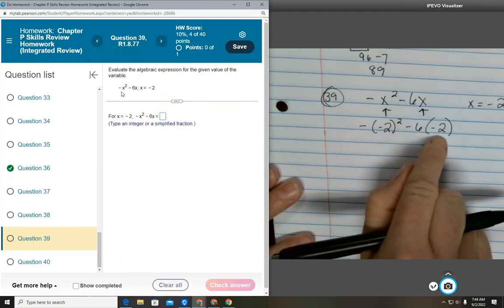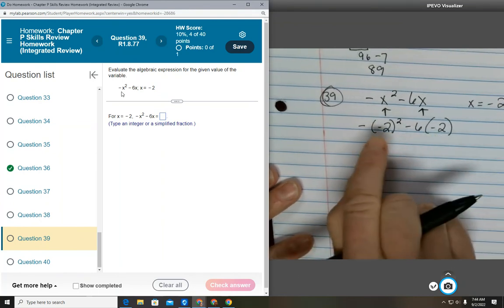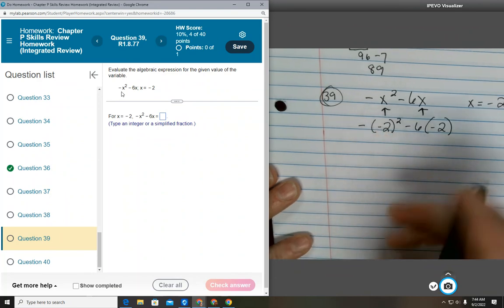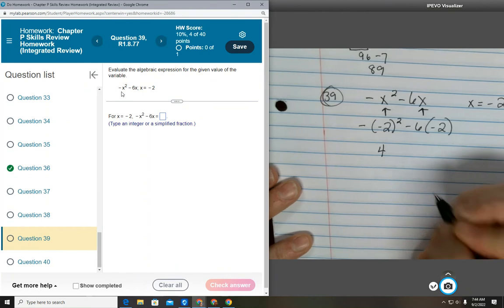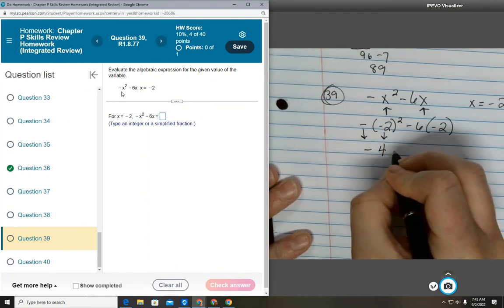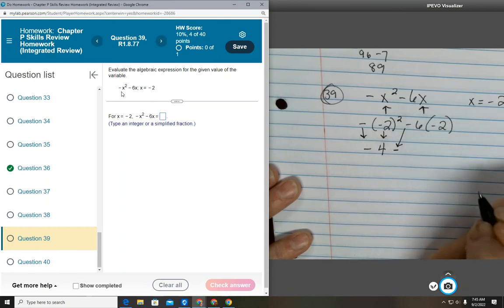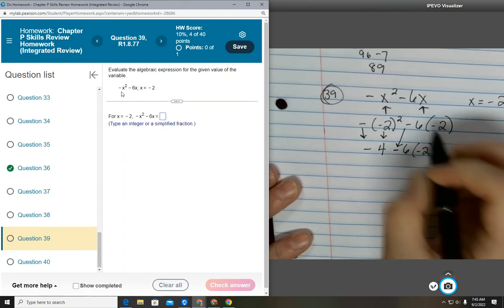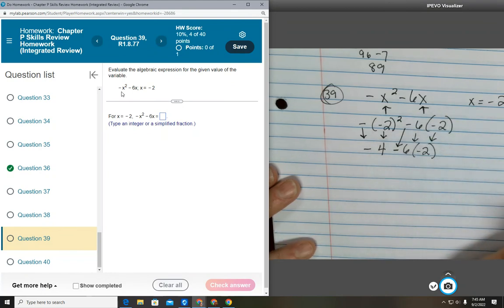Well, there's nothing to do inside the parentheses, so it's exponents. Negative 2 squared means negative 2 times negative 2, and that is a 4. But I've got to carry down that negative. And then I'm going to carry down the minus. 6 times negative 2.